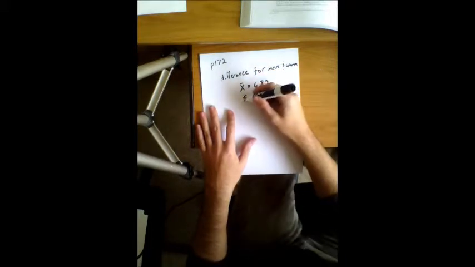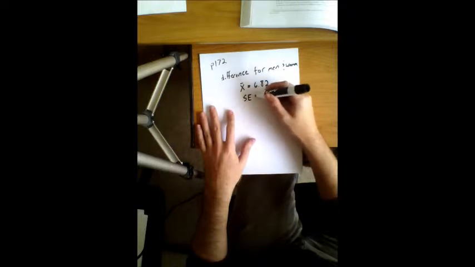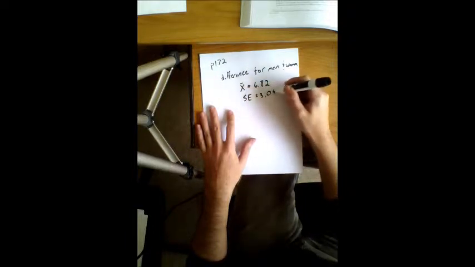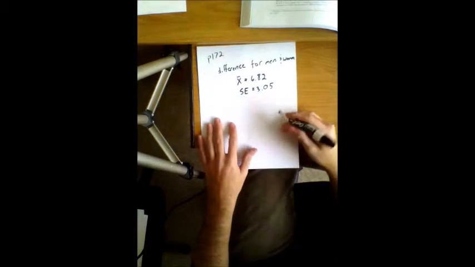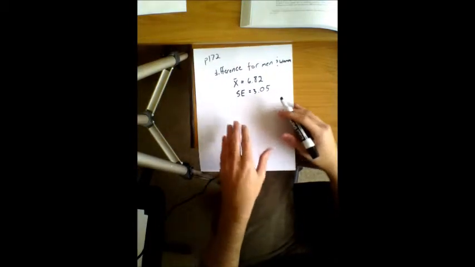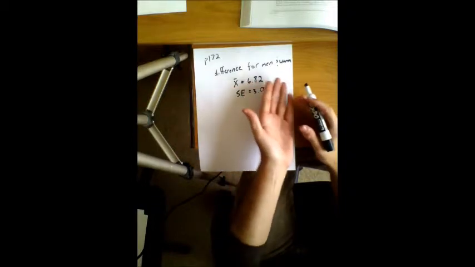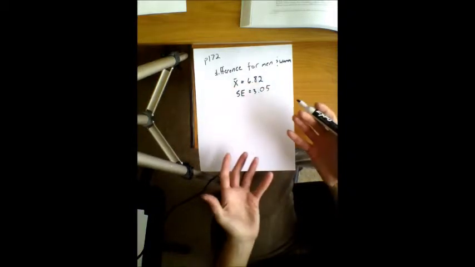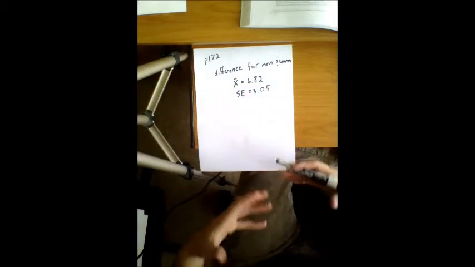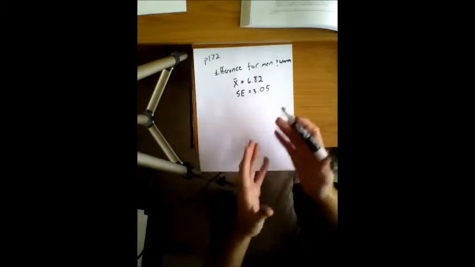And we had a standard error of 3.05. So suppose we were asked to test whether or not there was a difference between men and women. So maybe we're asked, is there any significant difference, right?